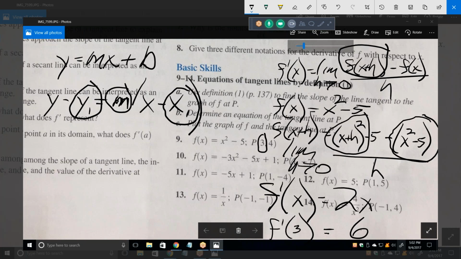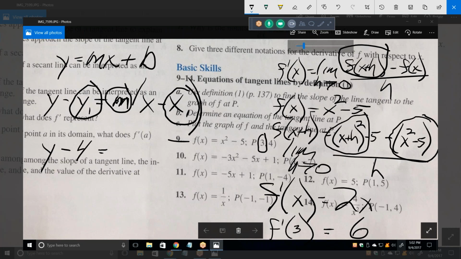So let's go back and work with problem 9. Tell me what the equation of that tangent line is. Y minus what? 4? Yes.